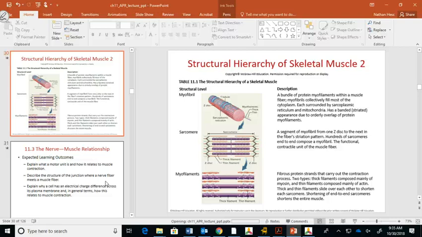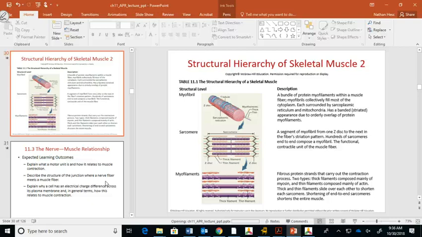If I zoom in even further, now I'm on the myofilaments, the thick and the thin. The thick myosin, the thin actin, with the elastic fibers attached to the thick ones that hold them back into place. Does that make sense? Again, you're just zooming down, down, down. We can go back up from the bottom and zoom back out again. Are we cool?